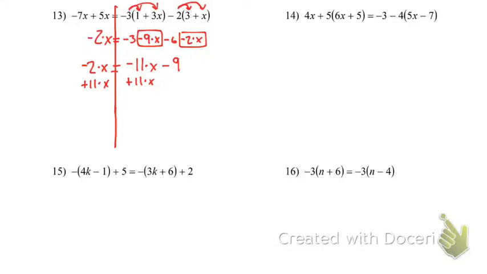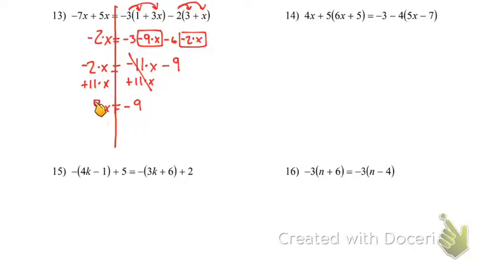Okay, so now this cancels out and we have positive 9x, all right? The positives win here, they win by 9. So it's positive 9x equal to negative 9. We just bring down the negative 9 and now we can solve for x.